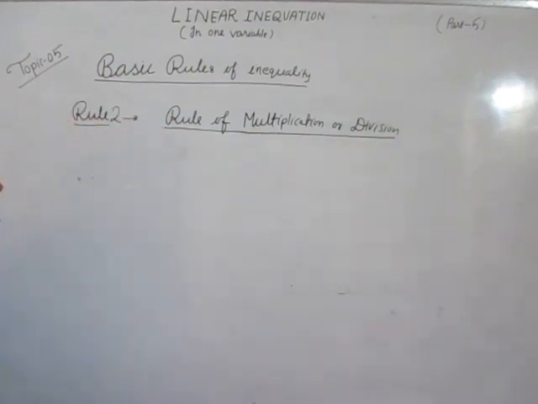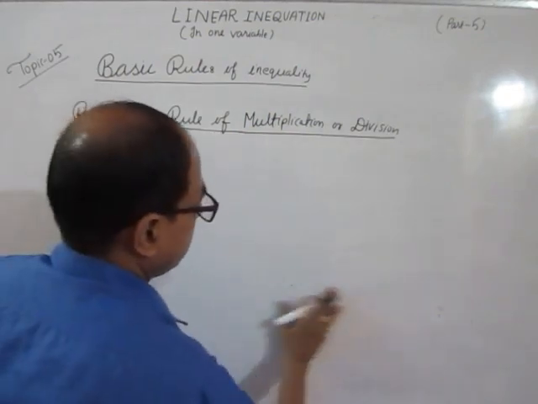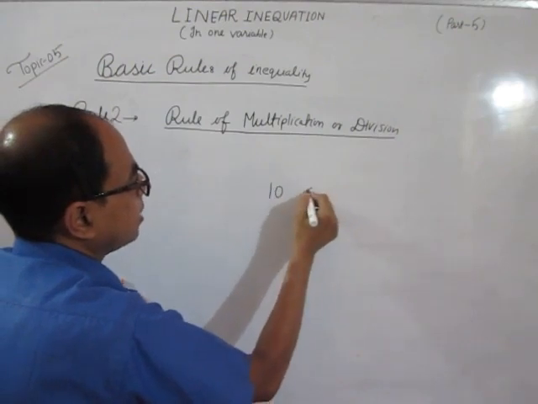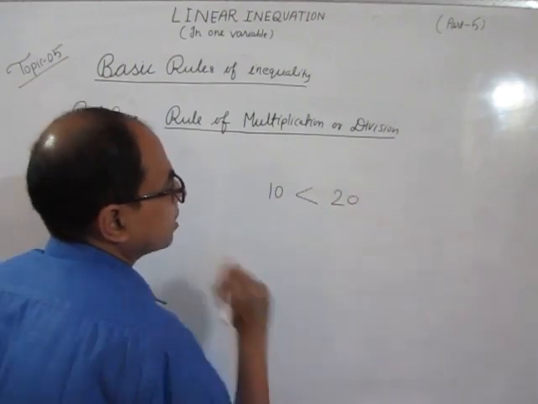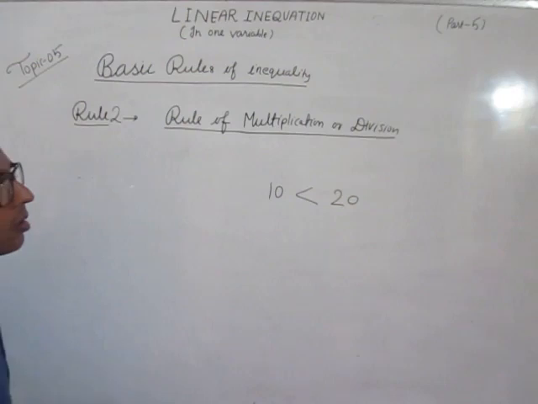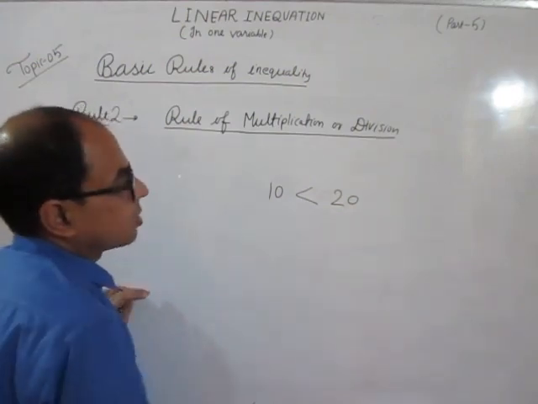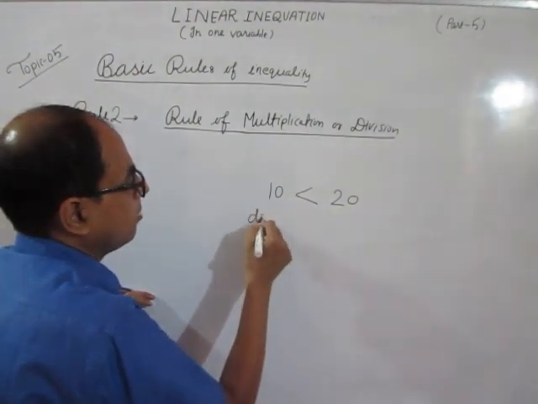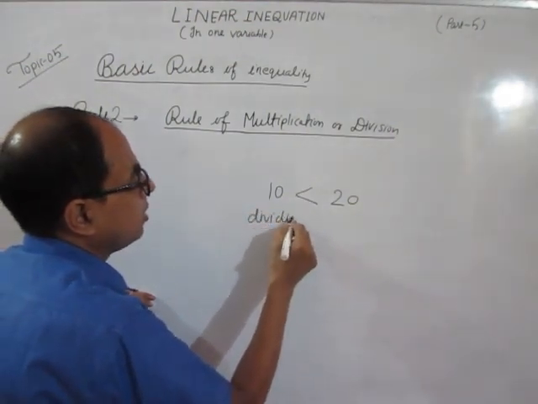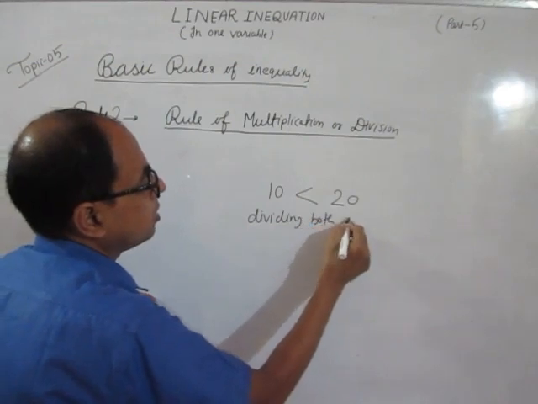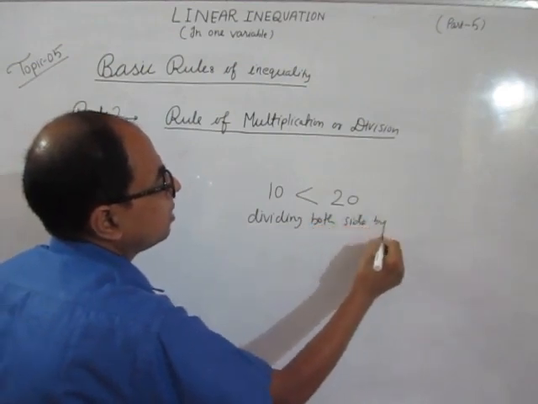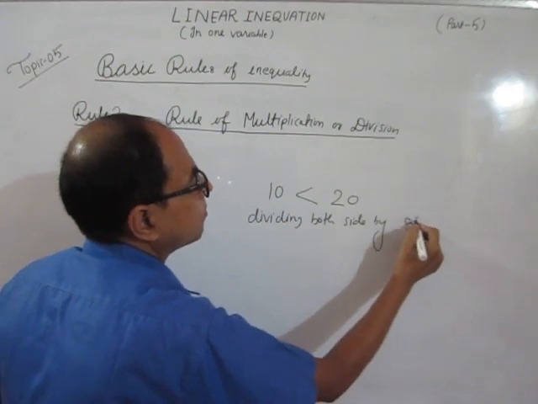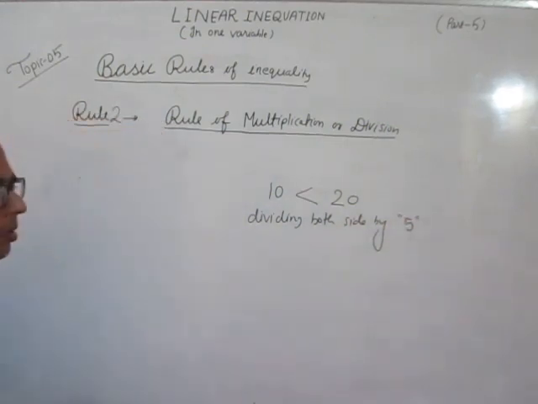Now before stating this rule, let's see a practical example. 10 is less than 20, it is correct. Now divide both sides by the same positive number, say, plus 5.